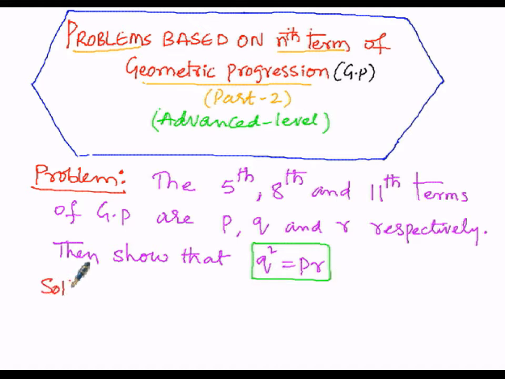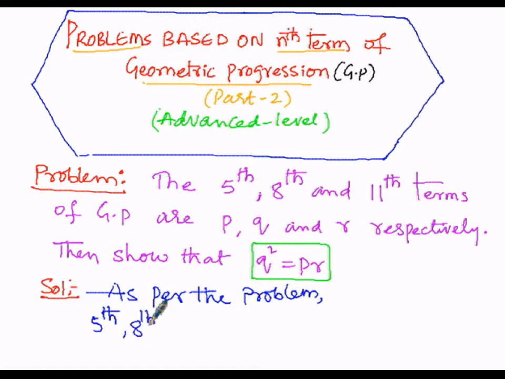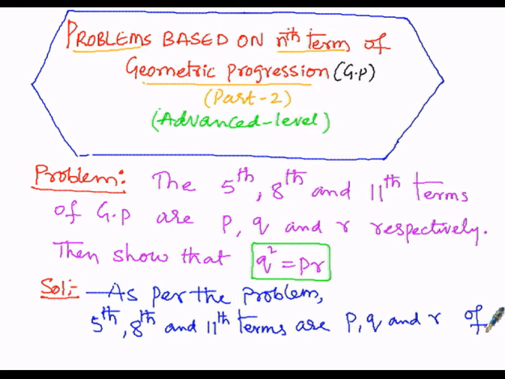Solution starts now. So in our solution, as per the problem, the fifth term, eighth term and 11th term are P, Q and R of a geometric progression.